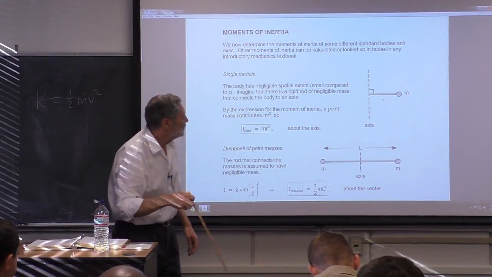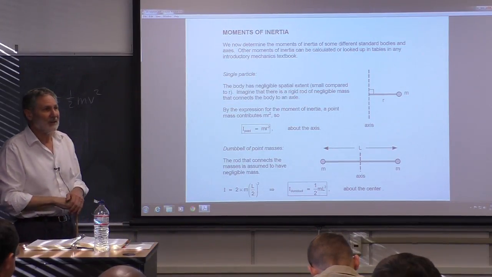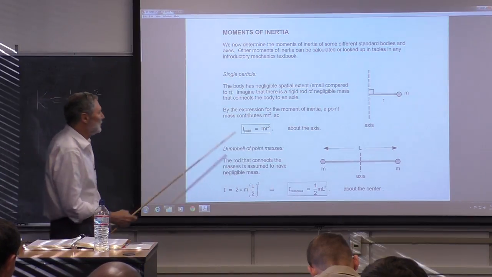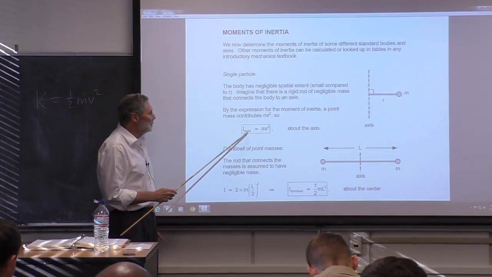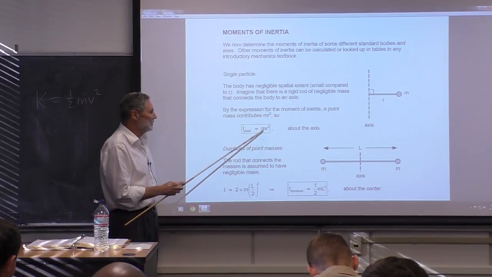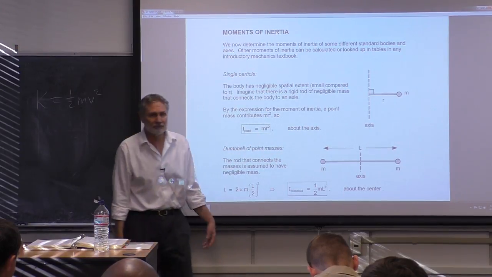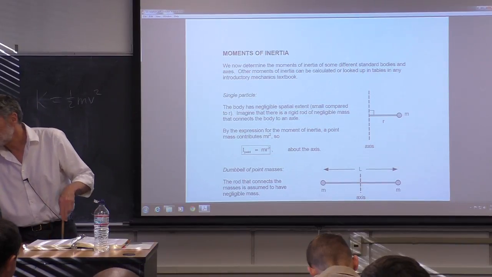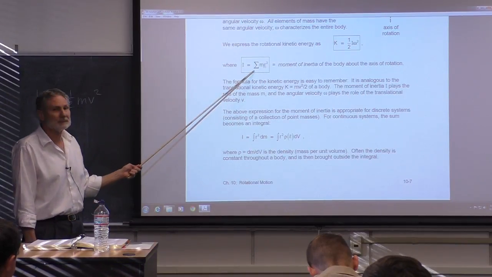Okay? It's got a moment of inertia. What is it? It follows immediately from the definition. Each particle contributes its mass times the square of the distance. So we're done. The moment of inertia of a point mass about some axis is the value of that mass times the square of the distance. It comes immediately from here.